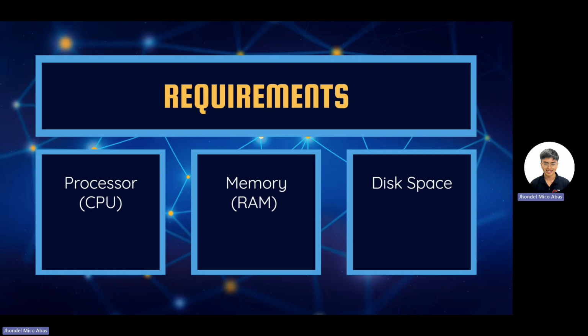So for our disk space, Solaris requires a certain amount of disk space for installation. The exact requirements can vary, but you'll need space for the operating system itself, system files, and any additional software or data. 2 gig minimum for the smallest set of packages, 6 gig for most popular Solaris packages. But in reality, it always varies.